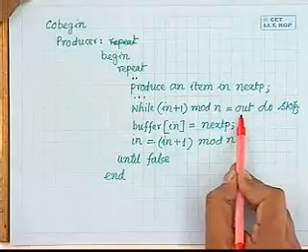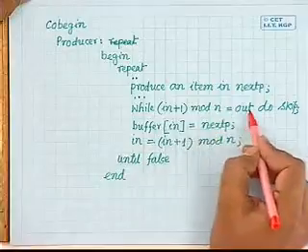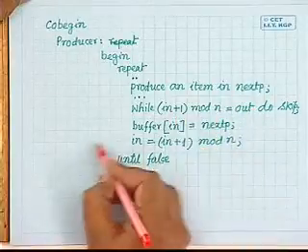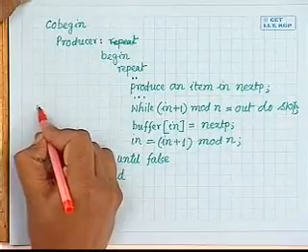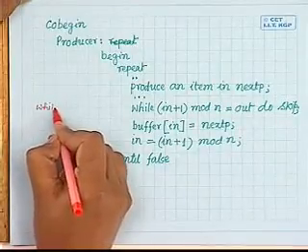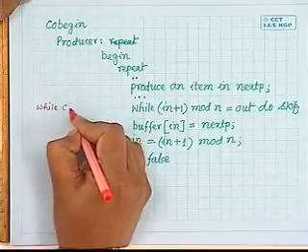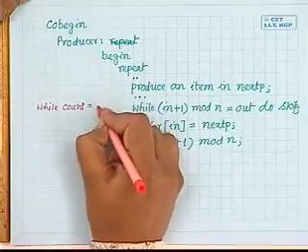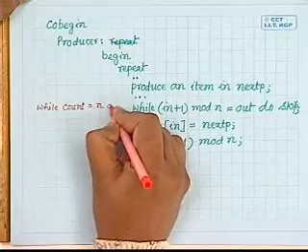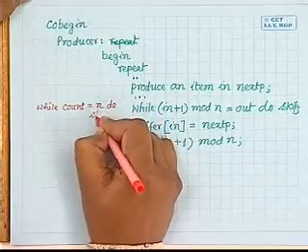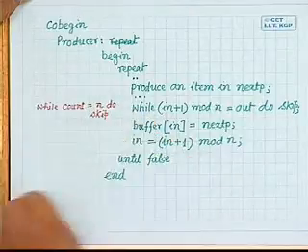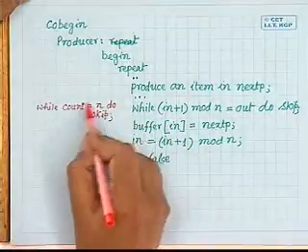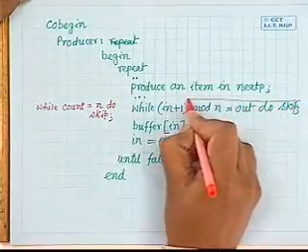That is, here instead of checking while in plus 1 mod n equal to out, what we have to check is while count equal to n, do skip. So this is the statement which will replace this statement.